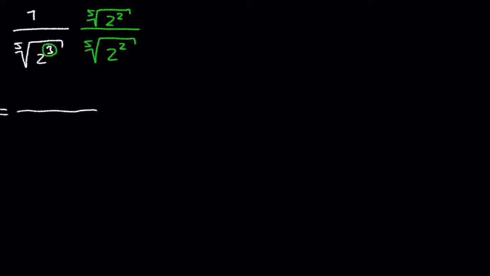So the 5th root of 2 to the 3 times the 5th root of 2 to the 2 gives us the 5th root of 2 to the 3 plus 2. Which then gives us the 5th root of 2 to the 5.